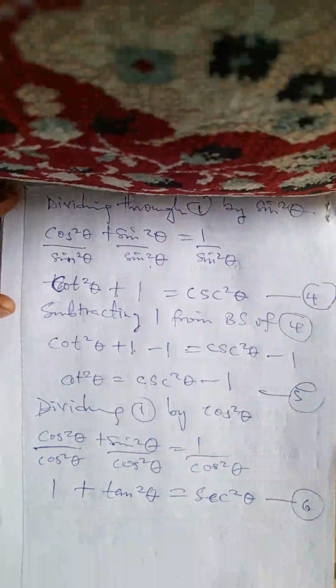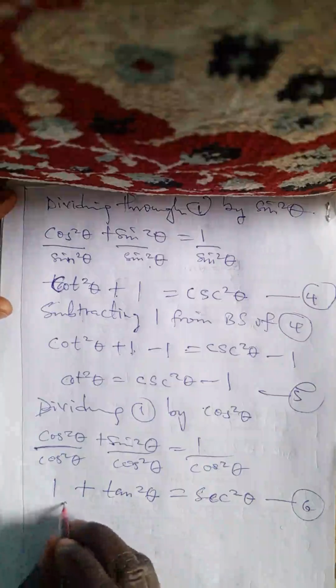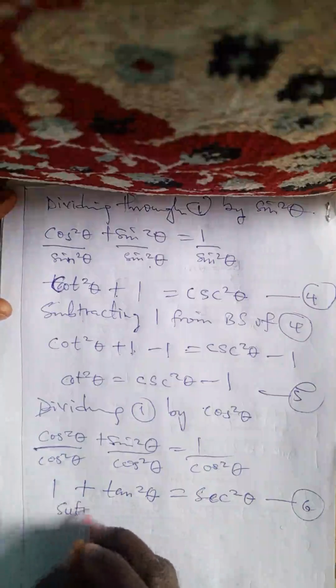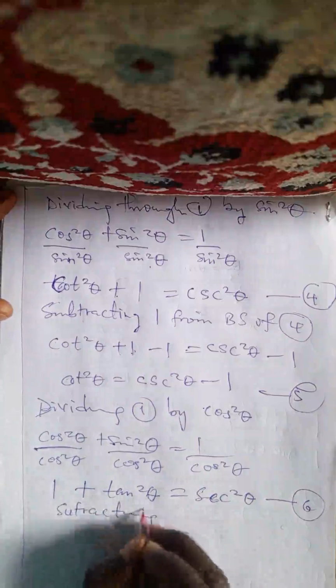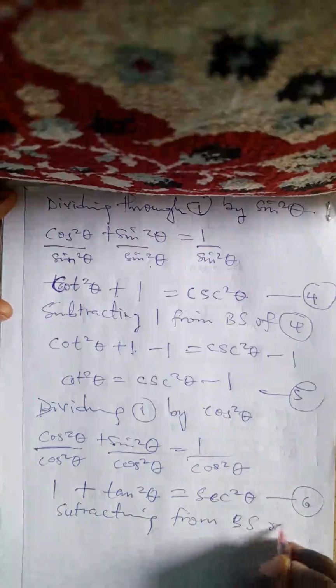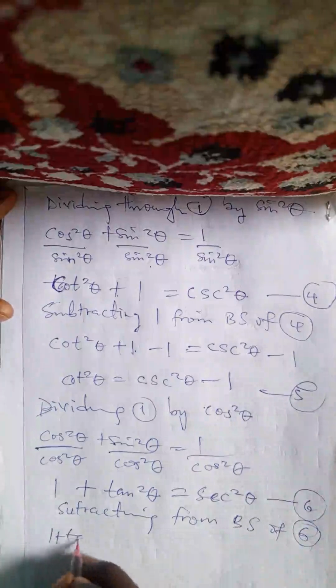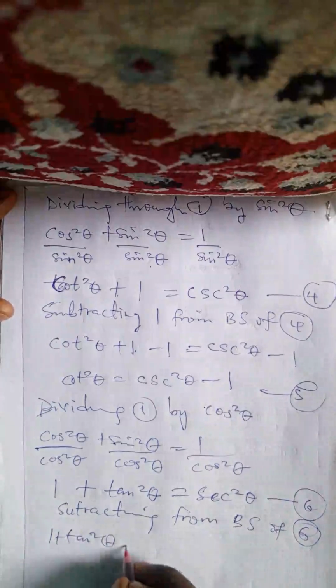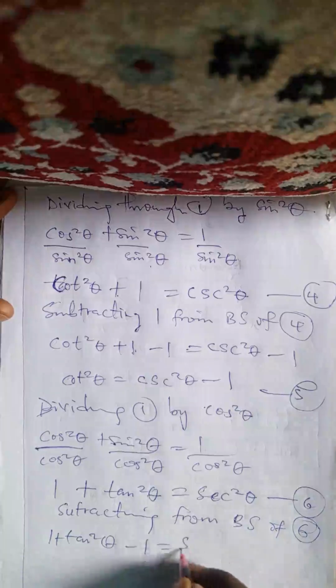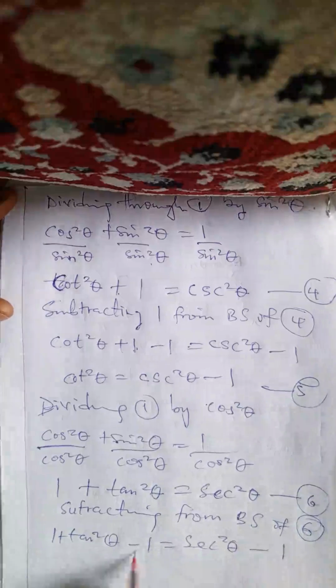Now subtracting 1 from both sides of equation 6. What do we have? You have 1 plus tan square theta minus 1 is equal to sec square theta, and then minus 1 because we subtracted 1.